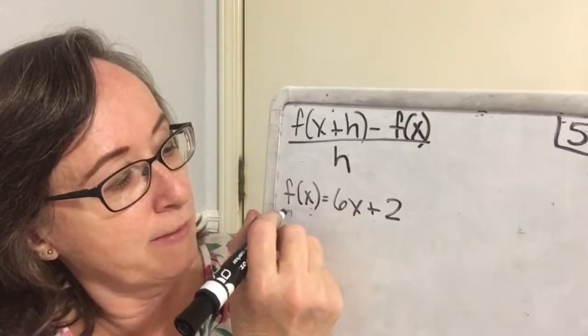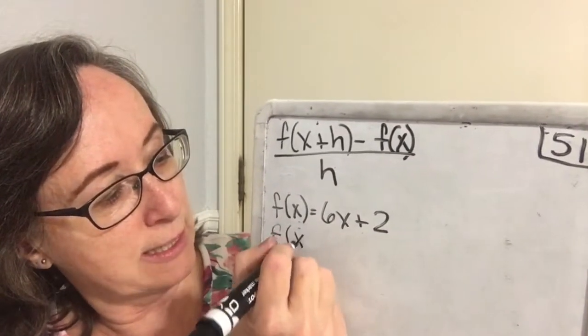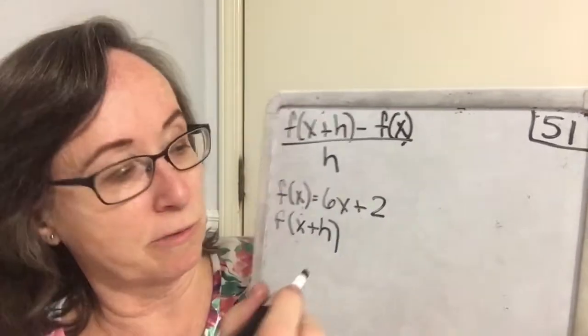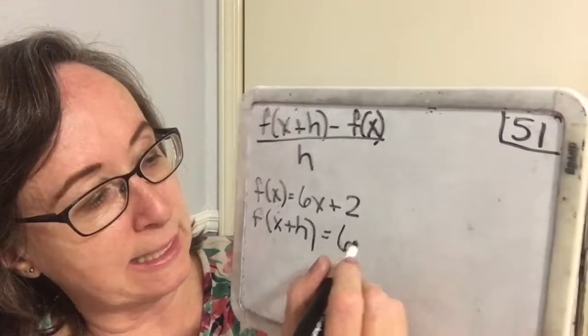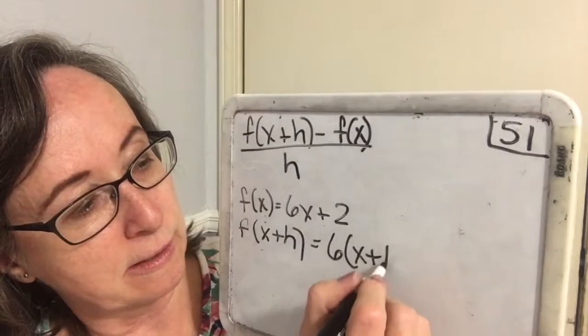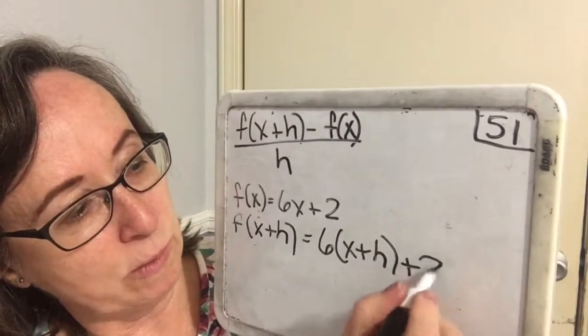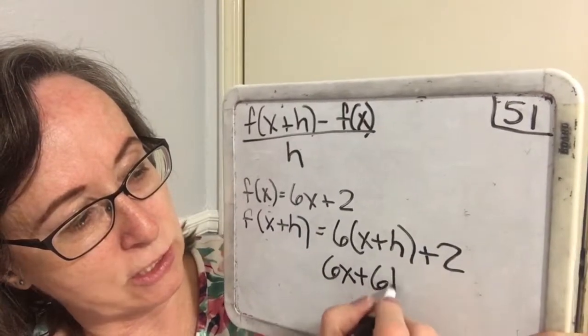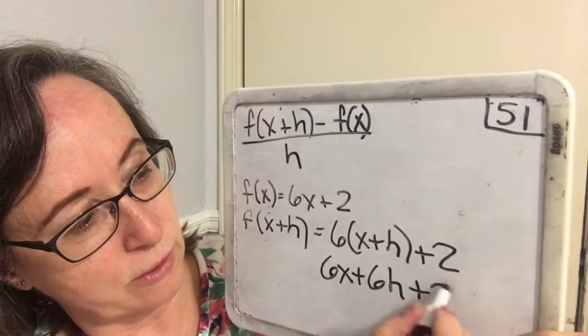So f of x plus h simply means that everywhere we see the x in the original function, we will replace it with x plus h. And then when we simplify, we're going to get 6x plus 6h plus 2.